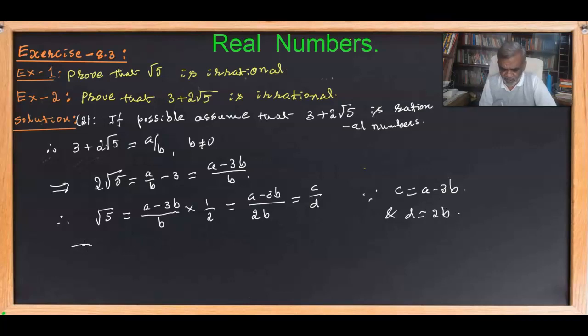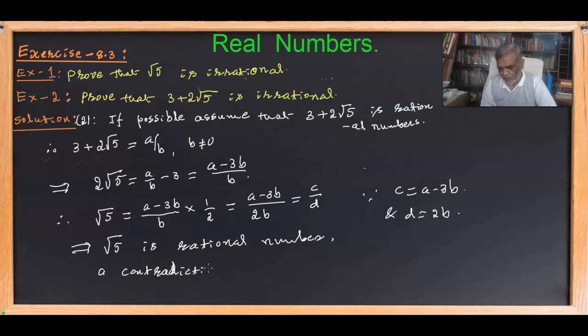This implies that root 5 is rational, a contradiction to the fact that root 5 is an irrational number. Therefore, our assumption is wrong. That is, 3 plus 2 root 5 is irrational.